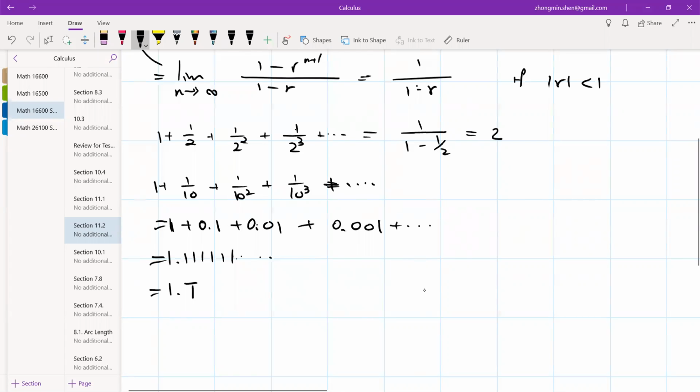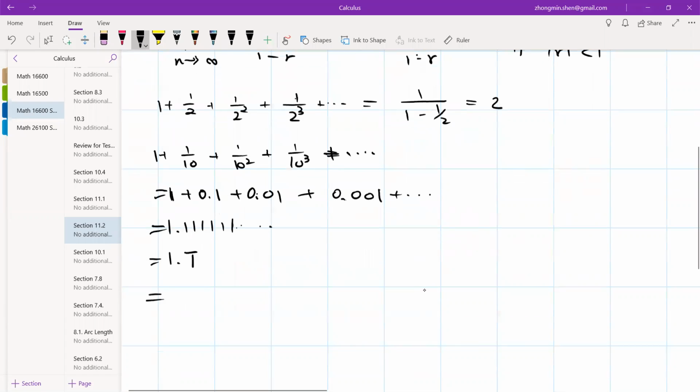This is viewed as the limit of the sum of those terms. By definition, this should be viewed as the limit of the nth term. The nth term is 1 plus 1 over 10, all the way to 1 over 10 to the nth power.